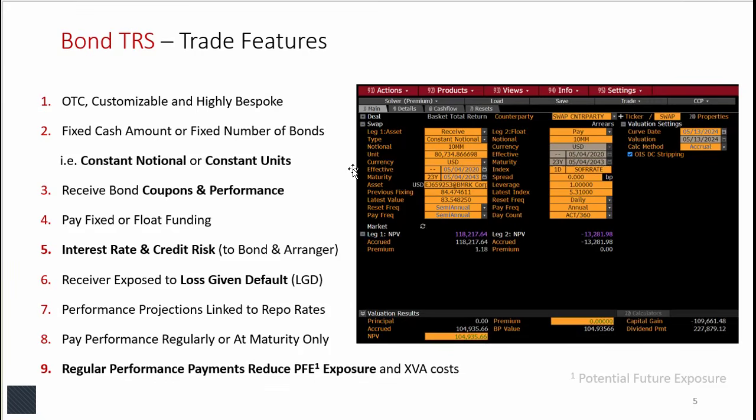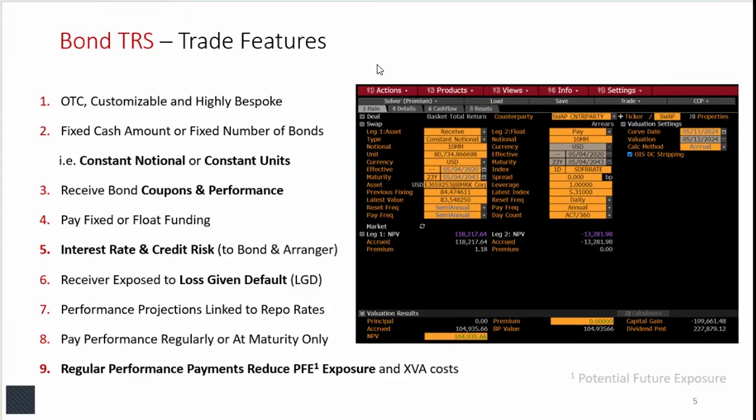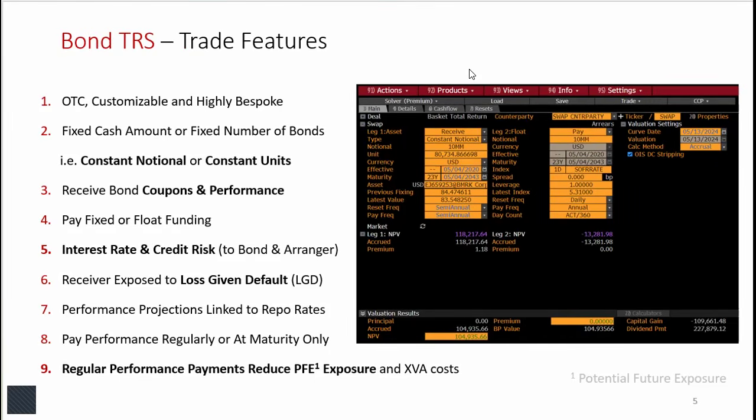I think the natural position perhaps would be to have exposure to a fixed number of bonds, so we don't have to keep re-hedging to have a fixed constant notional. So when trading bond TRSs, we have to decide: do we want a fixed dollar exposure, or a fixed number of underlying bonds?